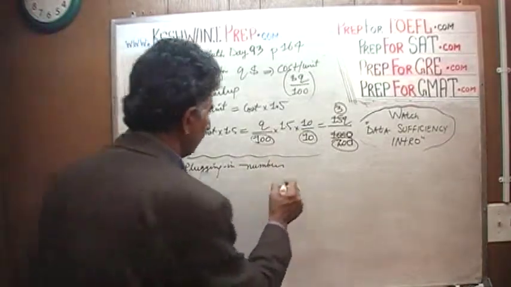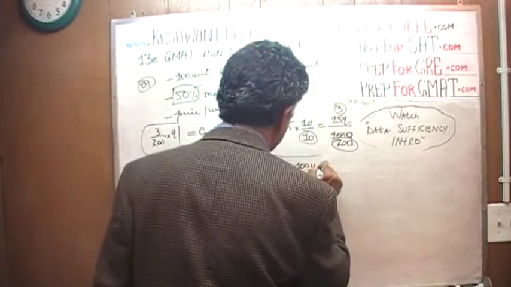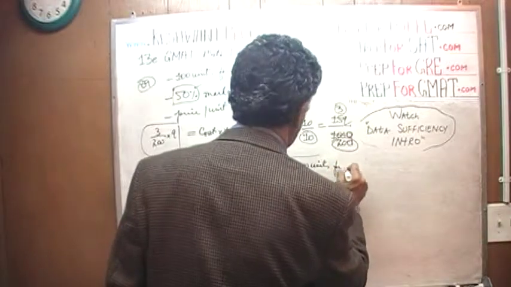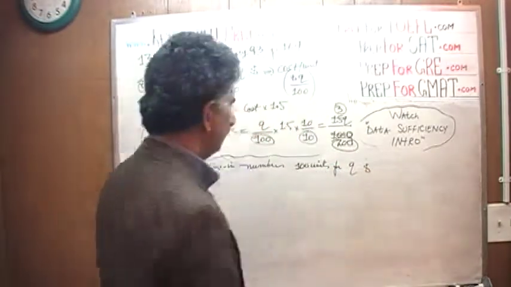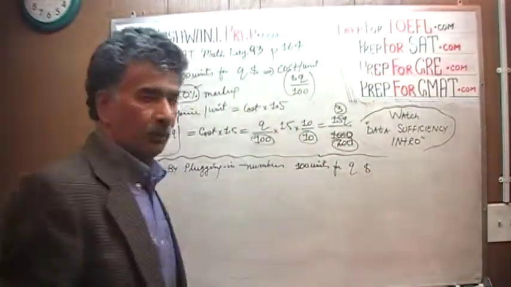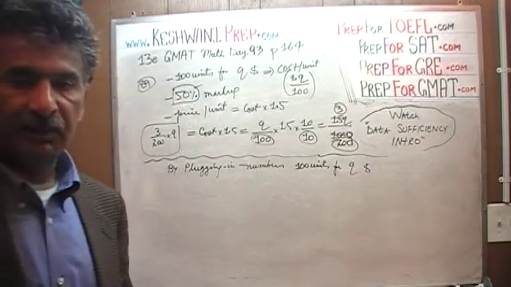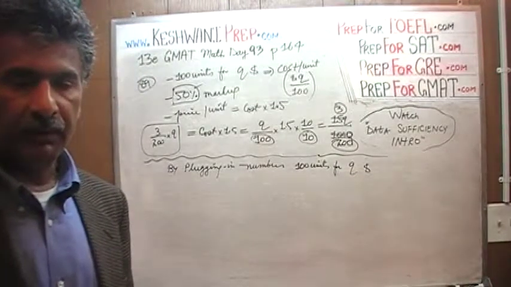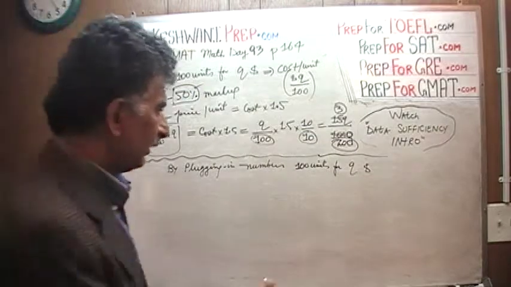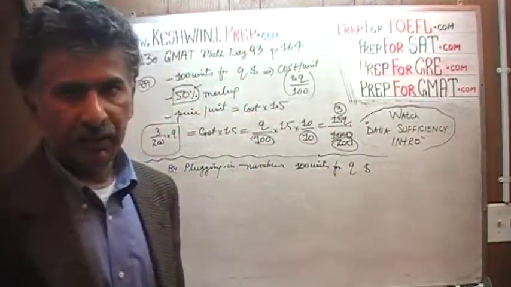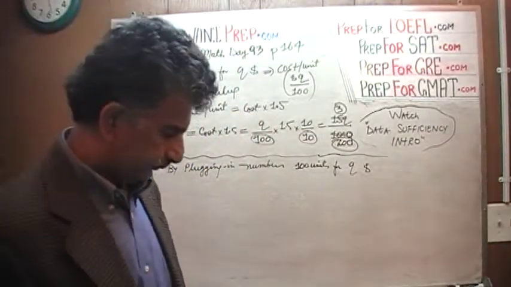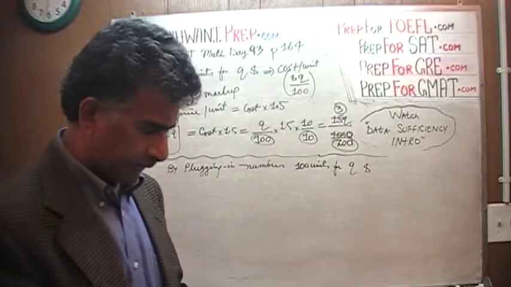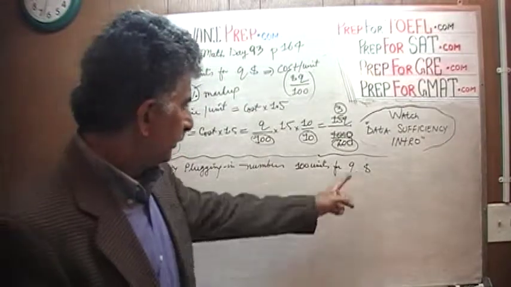It says 100 units for Q dollars. What we do in this method is make up some nice number which we can divide 100 into. For example, I'm not going to put in 3 here, because then we'll have to divide 3 over 100.